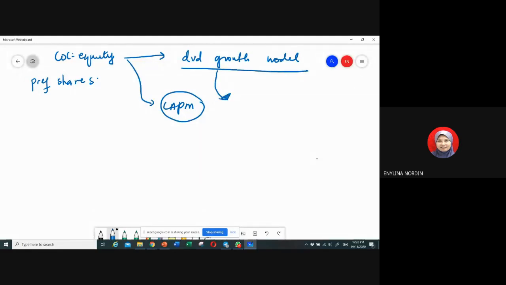The reason we use this dividend growth model is that we want to determine the price of the share, the current price of the share, which is D1 divided by KE minus G. But we are in the process of determining the cost of capital, and the cost of capital refers to KE.